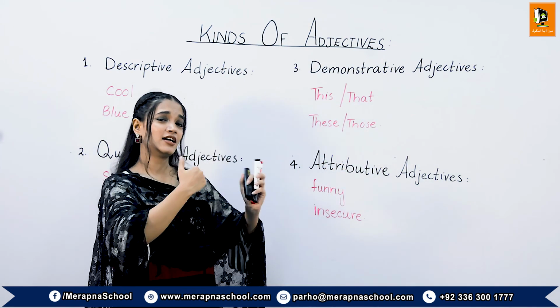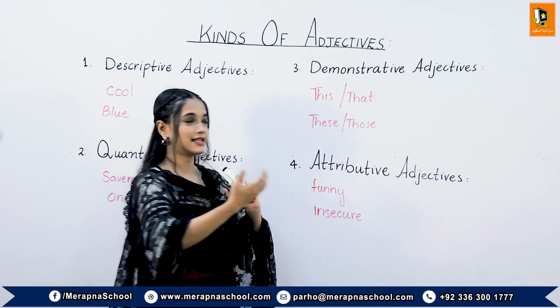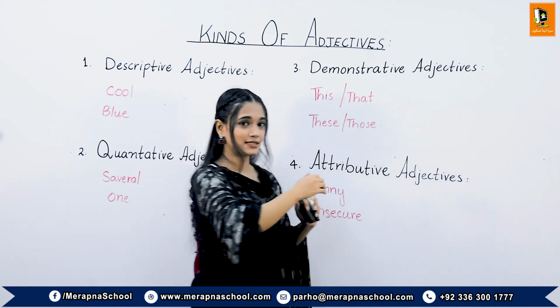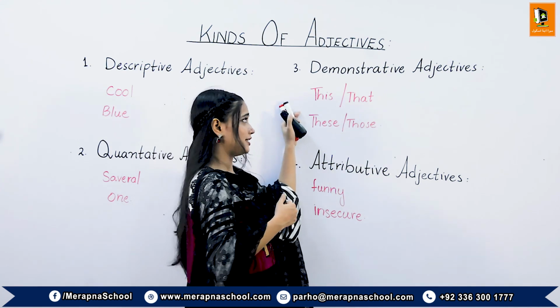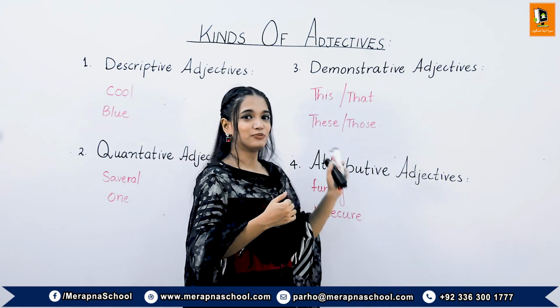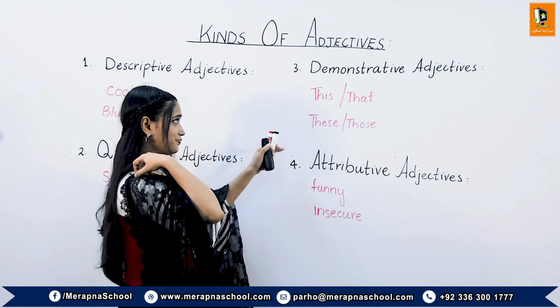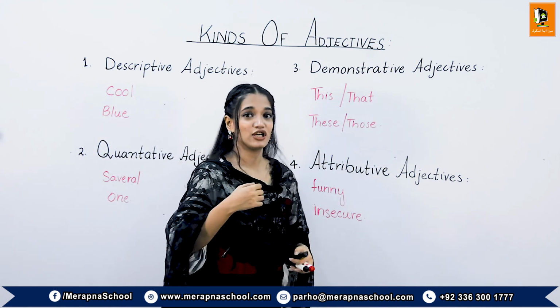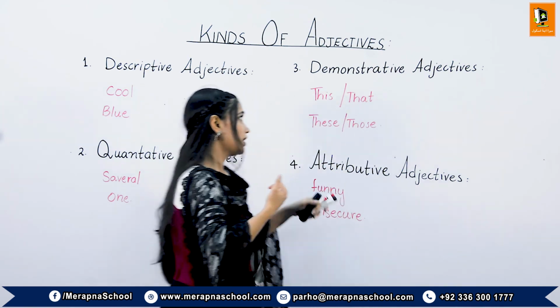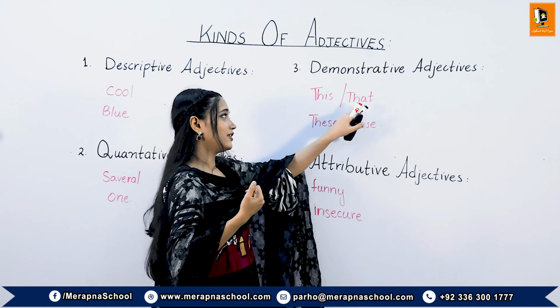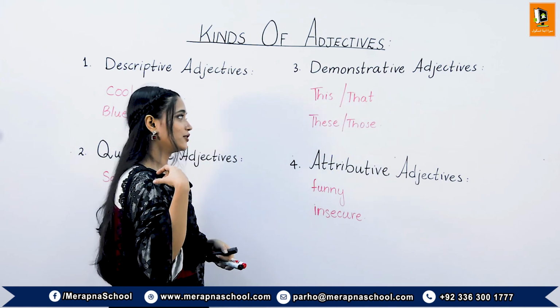If the thing is near, we will mention this or these. This is used for the singular and these is used for plural nouns or pronouns. That is used for things or a person that are far away. For the singular, we use that, and for the plural, we use those.